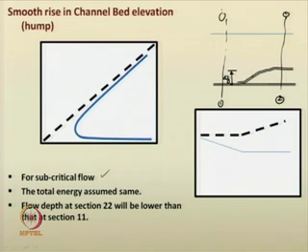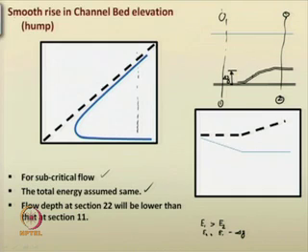So, as the total energy are same, flow depth at section 2 will be lower than that at section 1. How? You are seeing here E1 is greater than E2, because E2 is equal to E1 minus del Z.